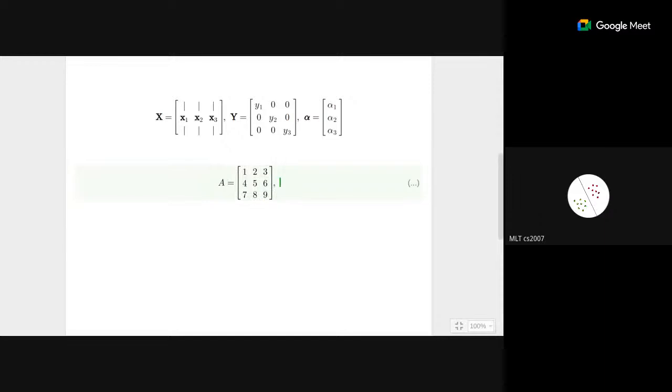Now each column is a data point. So let's do matrix vector multiplication. Let's say I have a vector that is B. It's a very important operation that we all need to be aware of.